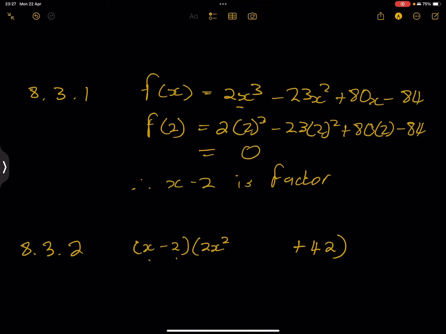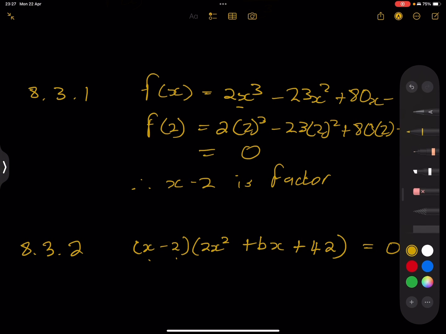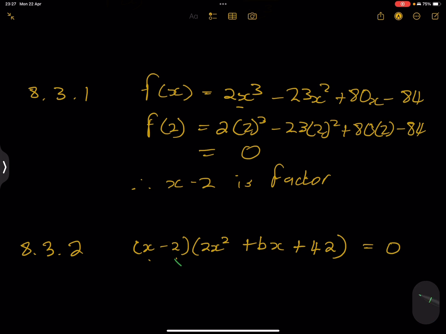Okay, right. And now I always say let's take the plus bx, and this would be equal to 0. So what is our x squared term in this case? So that would be negative 2 times 2x squared. That will be minus 4x squared.